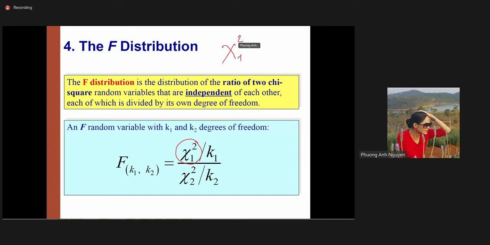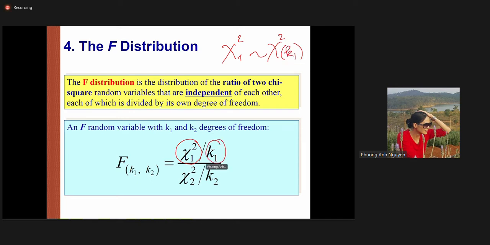It is a random variable following a chi-squared distribution with degree of freedom k1. So k1 is the degree of freedom.